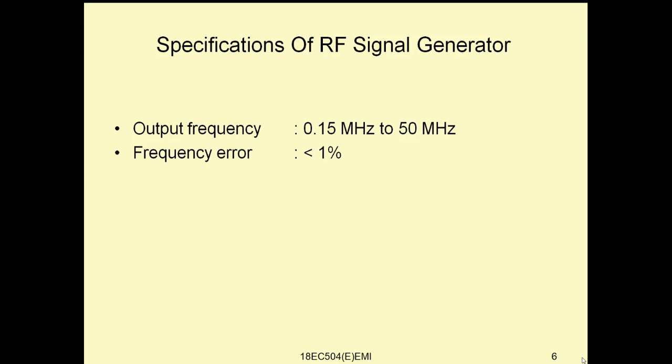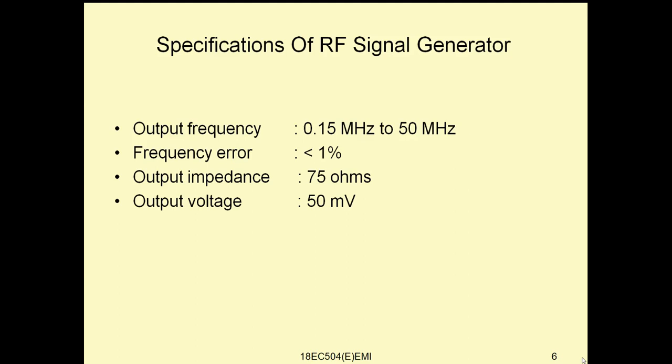That is the acceptable frequency error, less than 1%. The output impedance of the RF signal generator is 75 ohms, and the output voltage available is 50 millivolts.